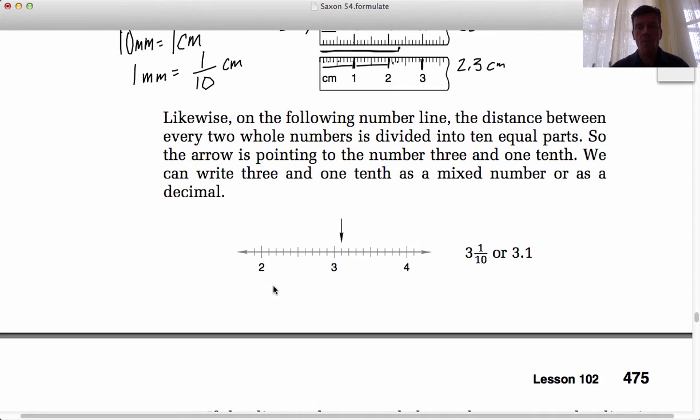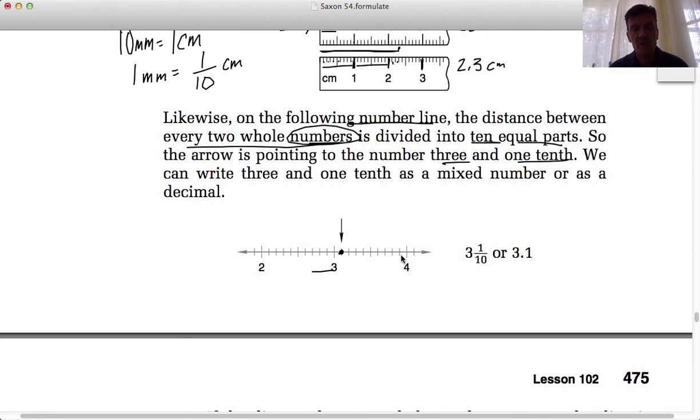Alright, here, if you are going to measure to this location here on the number line, it says on the following number line, the distance between every two whole numbers is divided into 10 equal parts. So the arrow is pointing to the number 3 1/10. So right here, this location on that number line that the arrow is pointing to would be 3, but we're a little bit past 3, approximately on that next mark.